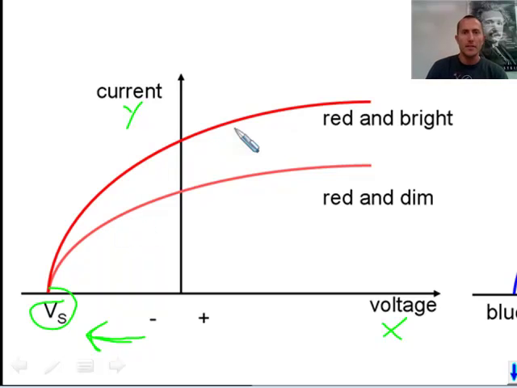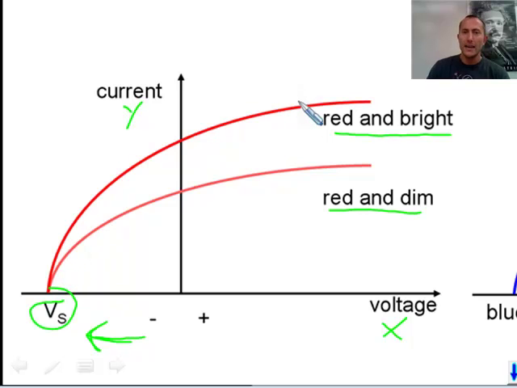There's zero current. The interesting thing to note about this graph is that even though the two lines start at different y values, the bright red one starting at a higher current and the dim red one at a lower current, and the rates at which those currents decrease are different, both currents with the same frequency but different intensities drop to zero at the exact same stopping voltage.